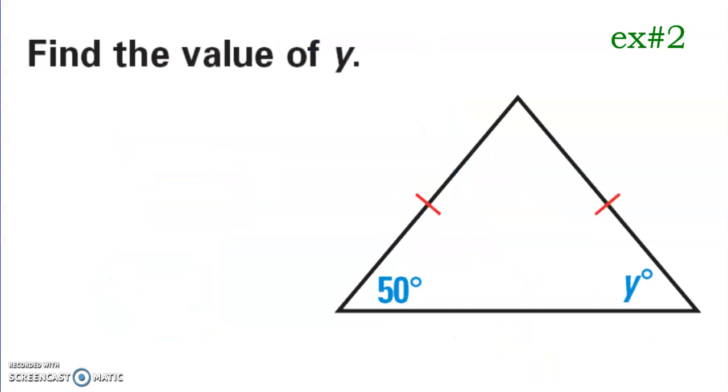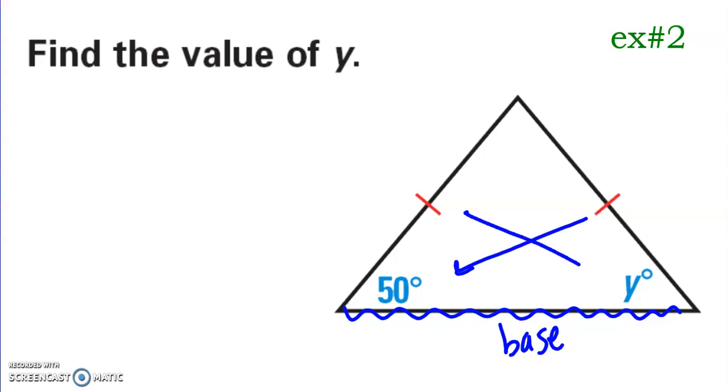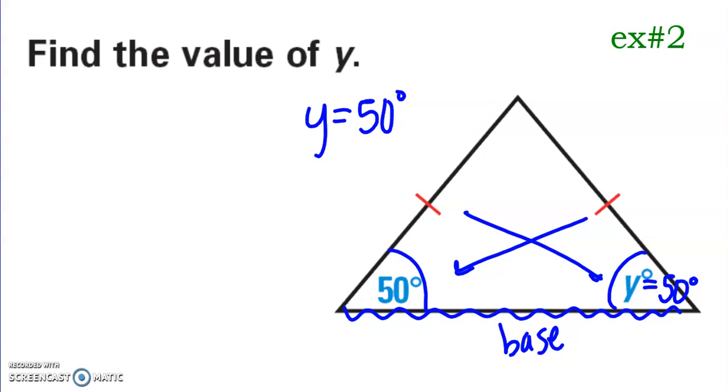Here we have two side lengths that are congruent, and so this is my base, and if the two side lengths are congruent, then I know the two base angles are congruent. So if this base angle is 50 degrees, then we also know that this base angle is 50 degrees. So we know y equals 50 degrees.